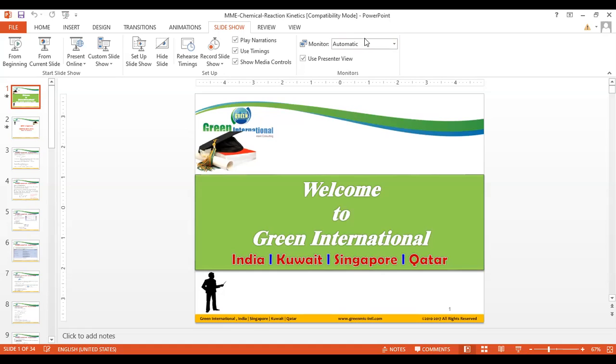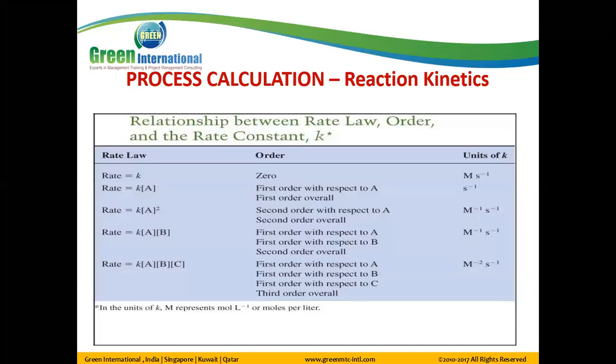I remember there was a formula to estimate the unit for the K constant. Do we need to know that? What would be the unit? If you know the reaction order, there is a formula, you substitute, and then you will be able to know what the unit would be. This is the unit for the rate constant. From the unit itself, you know whether it is first order or second order.